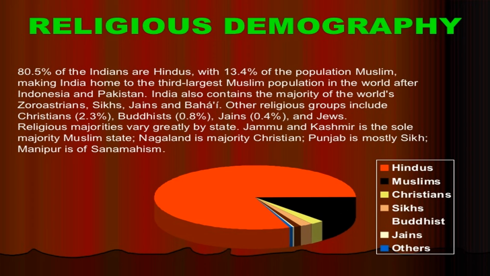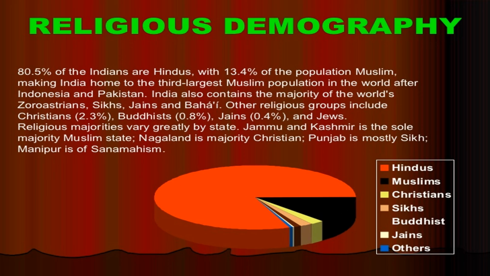India also contains the majority of the world's Zoroastrians, Sikhs, Jains, and Baha'i. Other religious groups include Christianity, which consists of 2.3%, Buddhists almost 0.8%, and Jains less than all these, at 0.4%.